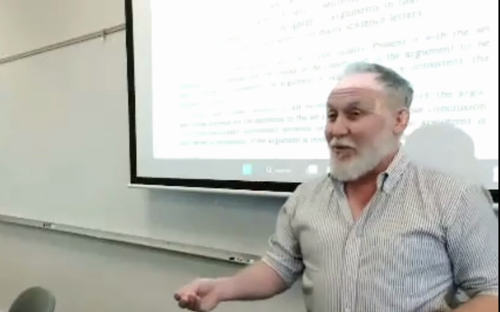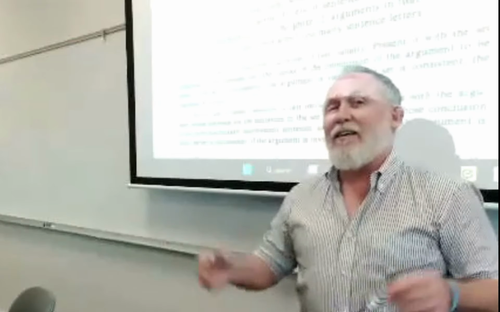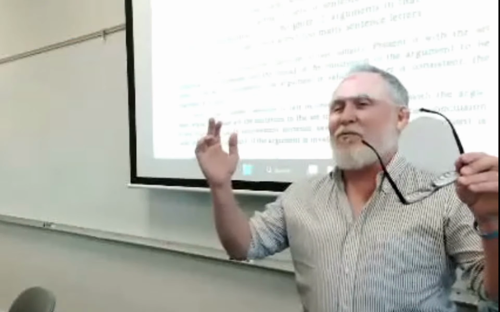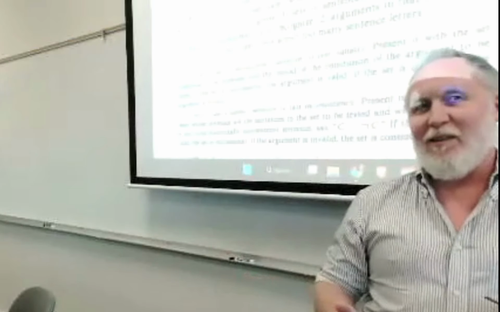Mm-hmm. So he's kind of setting us up to think, what does he mean by efficient? And what does he mean by consistent? And then the truth trees show us very mechanically, because we start out with the negated conclusion and then show that doesn't work out.